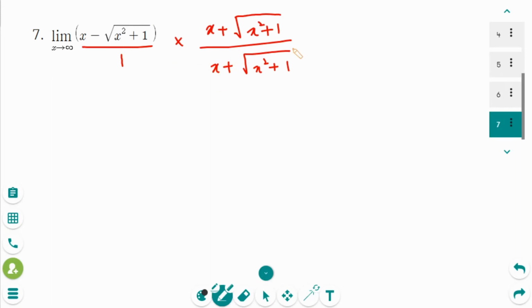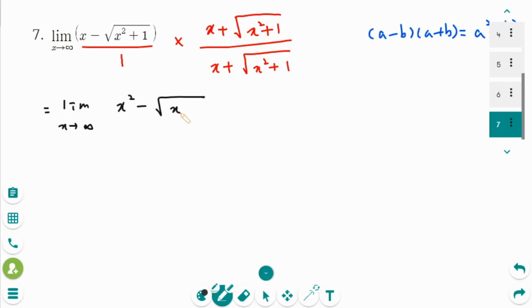Do you remember the formula a minus b times a plus b equals a squared minus b squared? The same thing, a minus b, a plus b. This is the same. When you multiply in the numerator, you get a squared minus b squared, over the same, x plus square root of x squared plus 1.